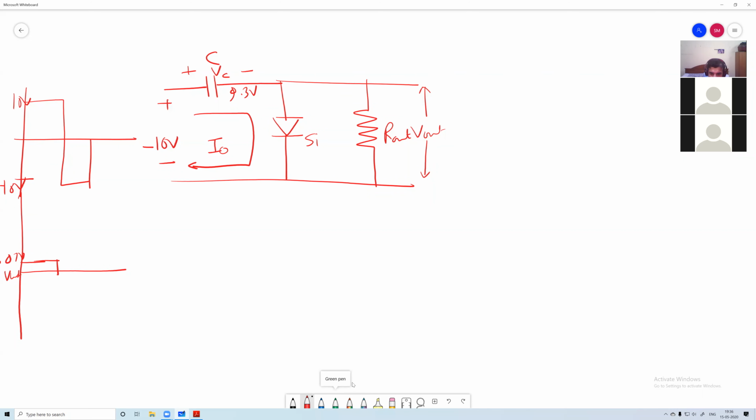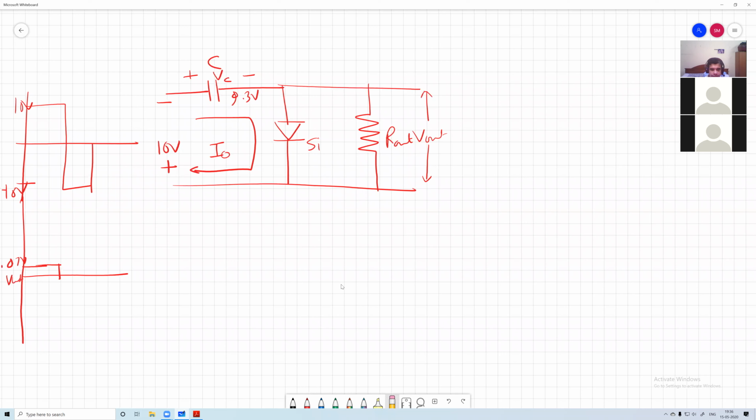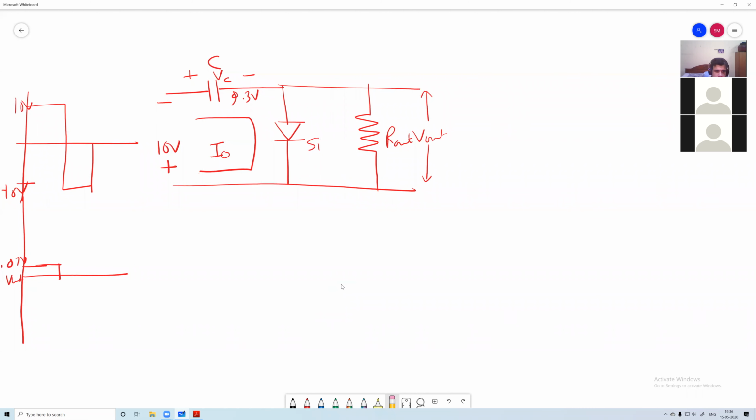Or better do it this way, and so the current direction might change. It will become like this. The diode is now reverse biased, so the current will not flow through the diode, it will flow through the resistor.